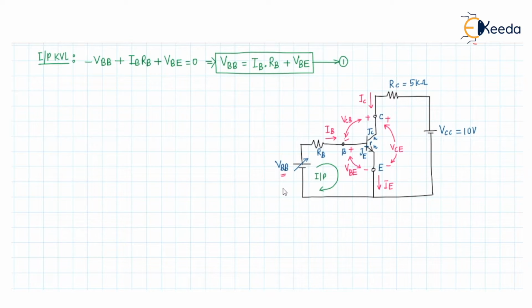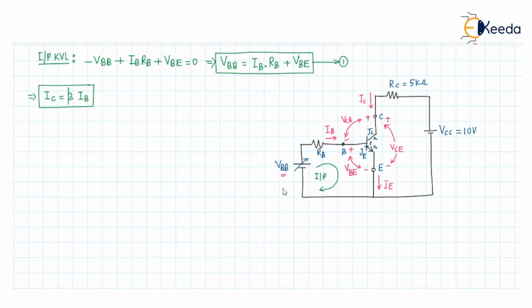Now, we also know that the IC current can be written as beta into IB, because right now we have applied voltages VCC and VBB in such a way that JC is reverse biased right now and JE is forward biased.